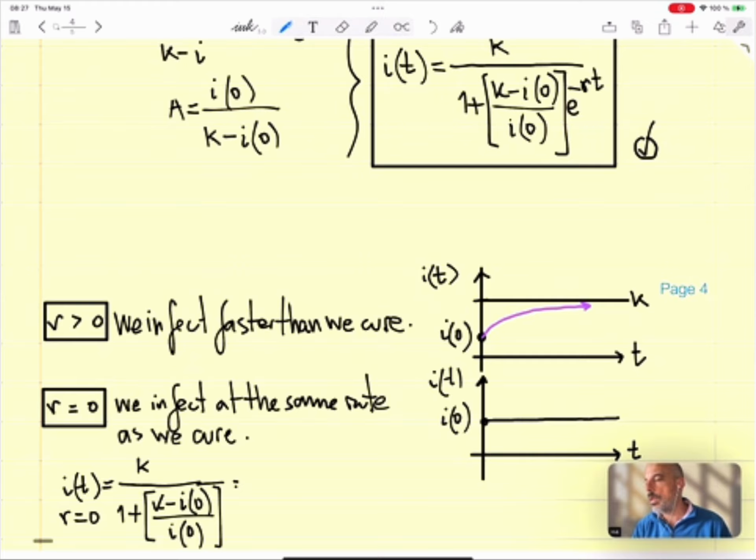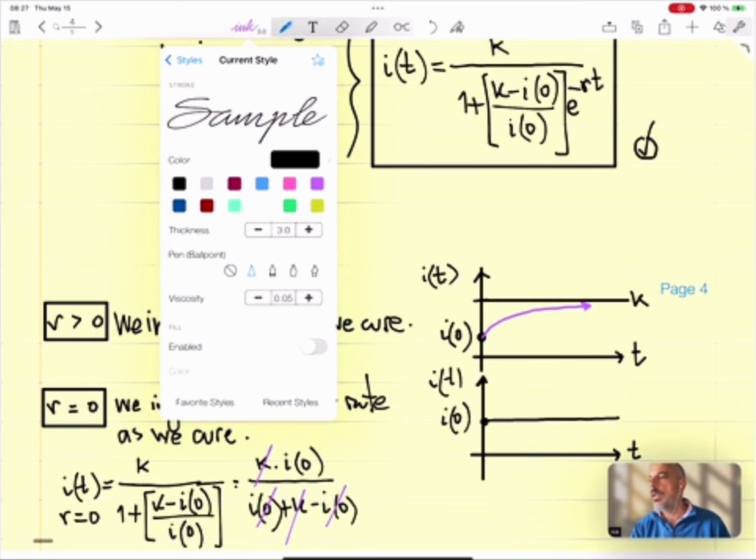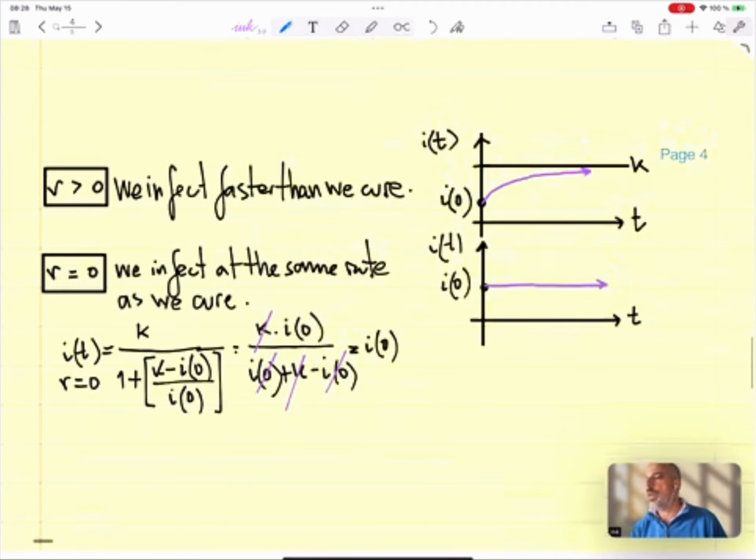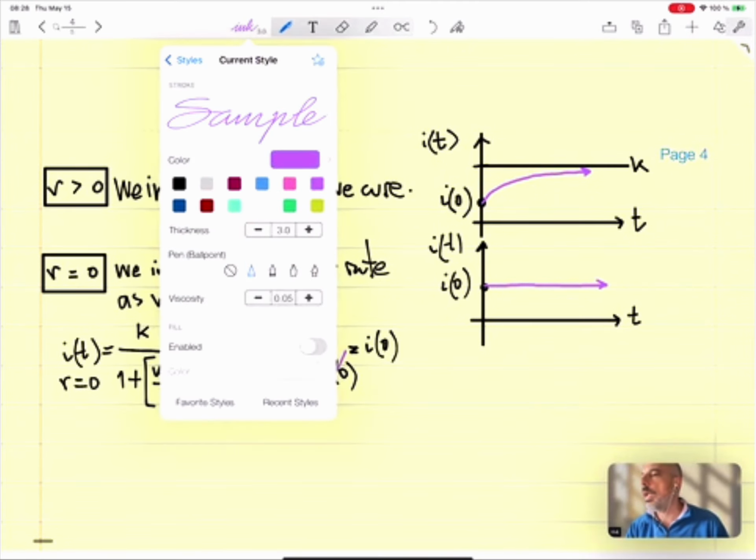So this is k times I0 divided by (I0 plus k minus I0), and k goes with k, so we have I0, constant. Because we infect at the same rate as we cure, we stay constant.